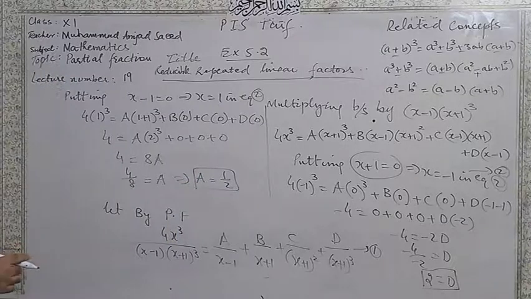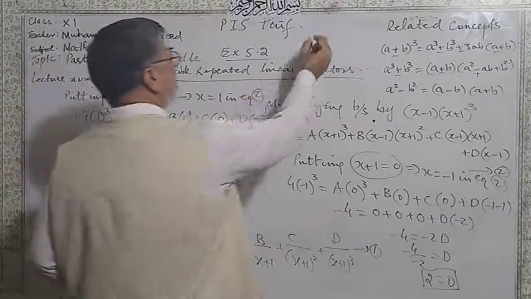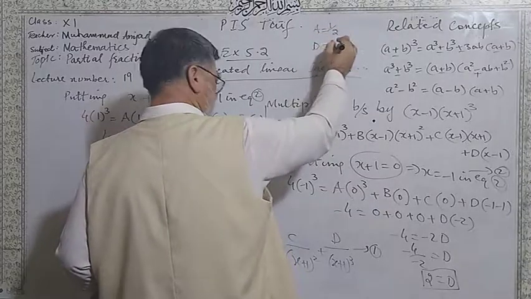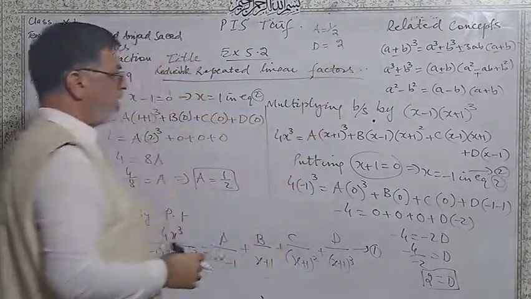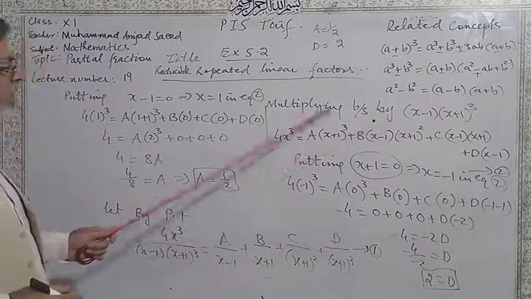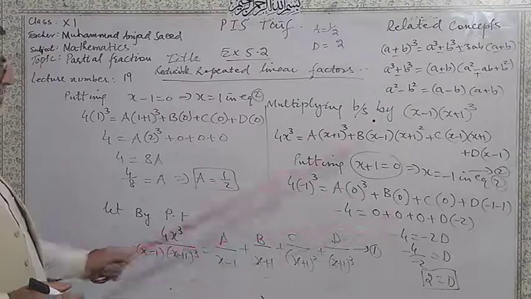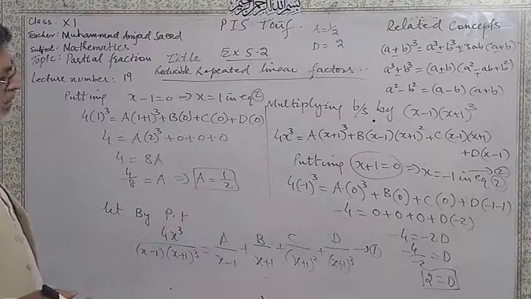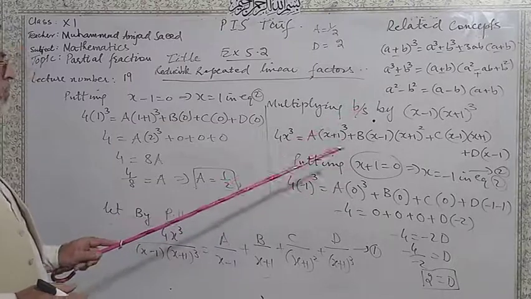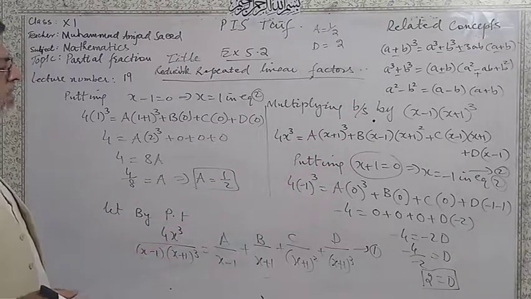Dear students, we have the values. Now I am writing down the values here somewhere. A is equal to 1 over 2 and b is equal to 2. Because we had two linear brackets and factors, we applied that by putting method. Now we cannot have any other factor to put equal to 0 to find the other constants.